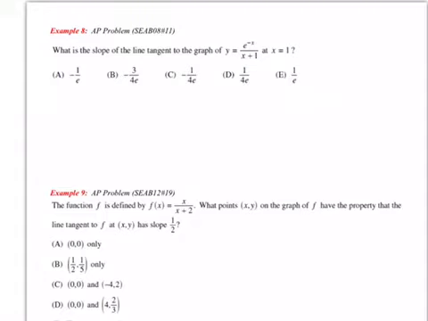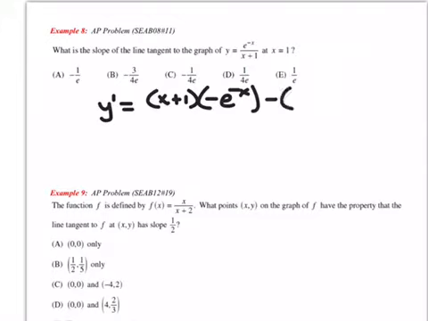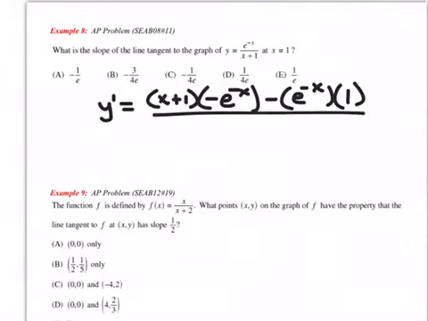So y prime, I keep forgetting, y prime would be low d high, d high, be careful, negative e to the negative x, minus high d low, e to the negative x, times 1, right, derivative of the bottom, over (x plus 1) squared.